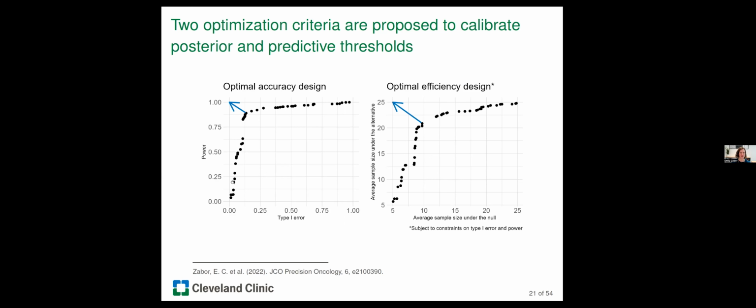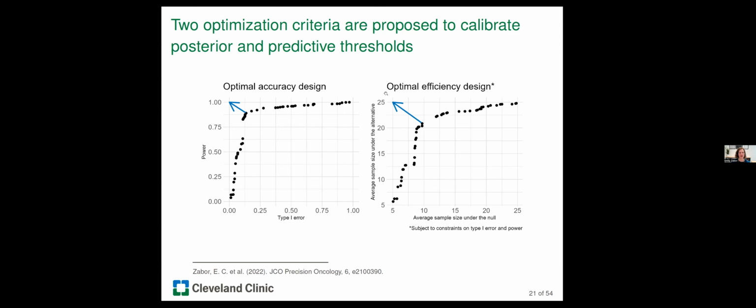So each point is a design based on a different posterior and predictive threshold. On the x-axis is the type 1 error associated with that design based on simulation results, and on the y-axis is the power. Then the optimal accuracy design can be selected as the design that's closest to the top left corner of this plot. And I'll mention some options for weighting on the next slide.